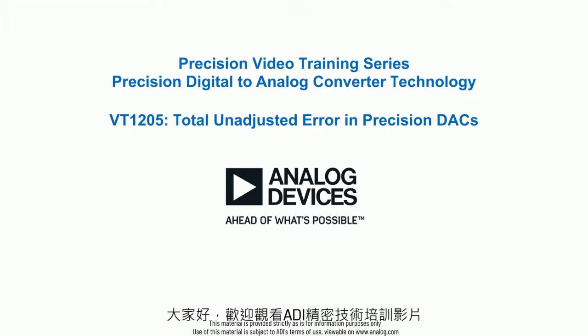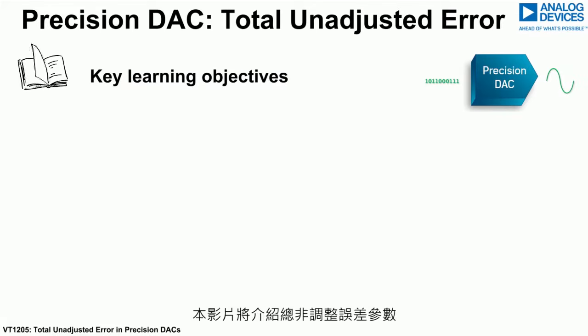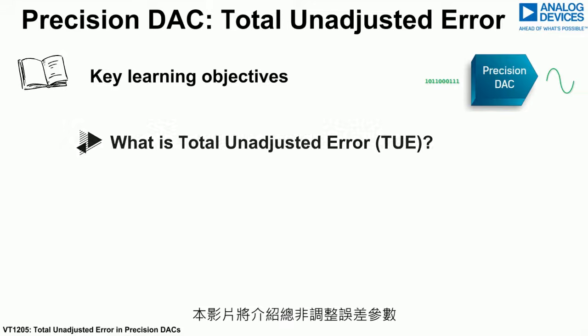Hello, and welcome to the Analog Devices Precision Training video that focuses on precision digital to analog converter technology. This video will go through total unadjusted error specification, also known as TUE, and how this relates to digital to analog converters.